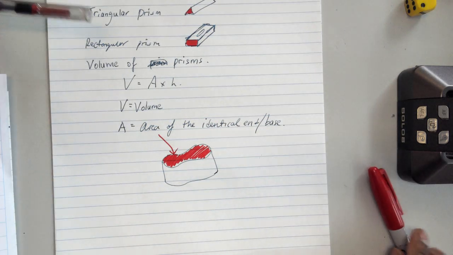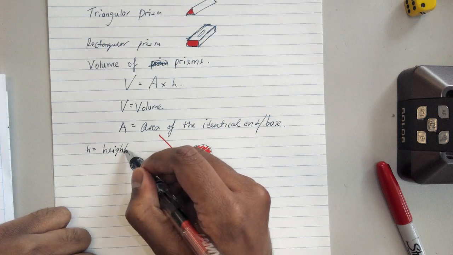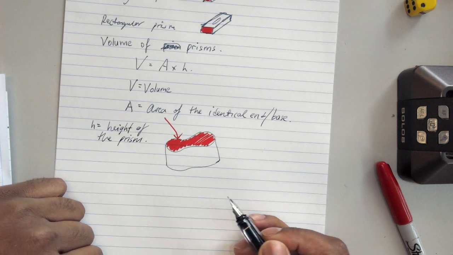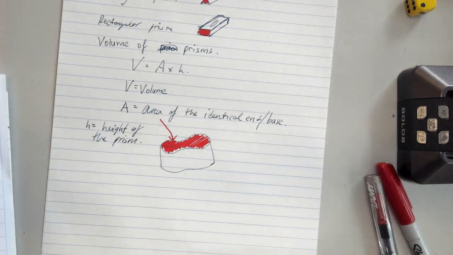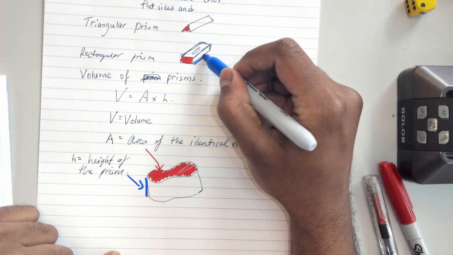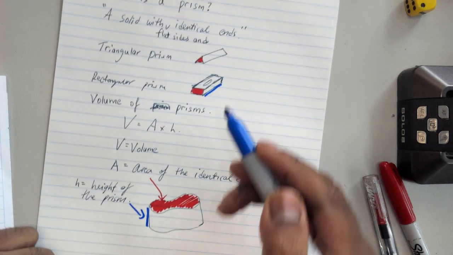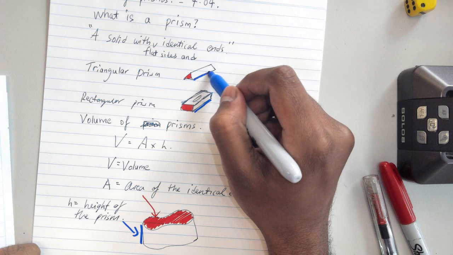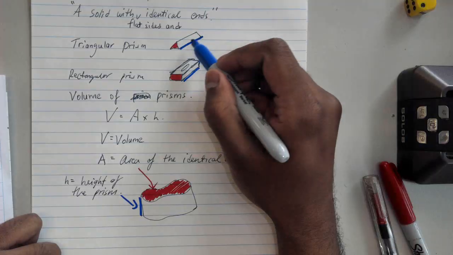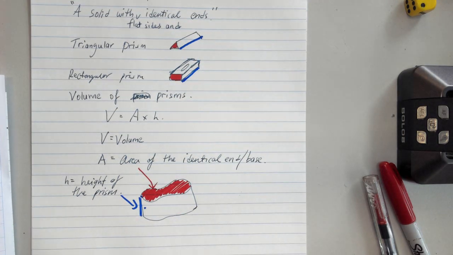And H would be the height of the prism. This guy there, or this guy there, so from one end to the other end, from one end to this end here, which is down at the bottom.